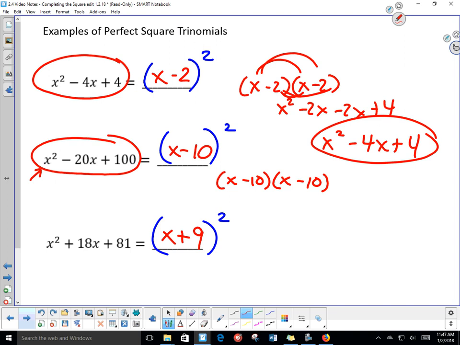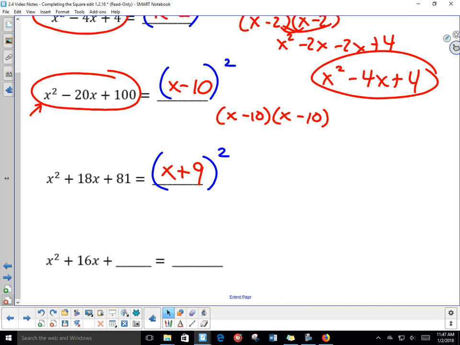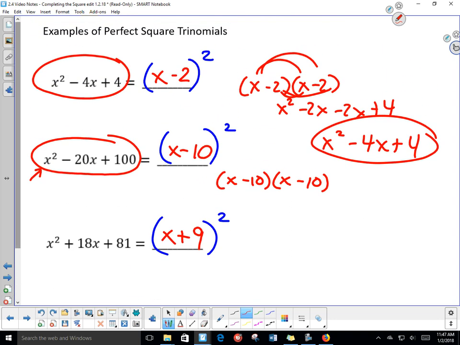So how would we make our own perfect square trinomial? Let's say we had something that was x squared plus 16x. What would I have to add here so I could make a perfect square trinomial? Well, let's look back and see if we can see a pattern here with these.